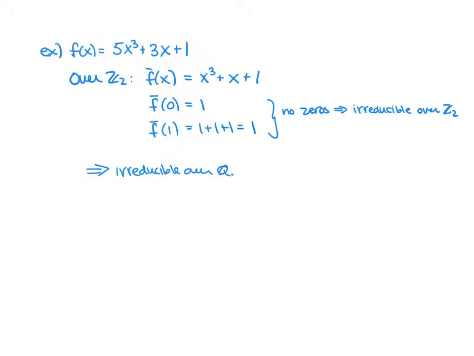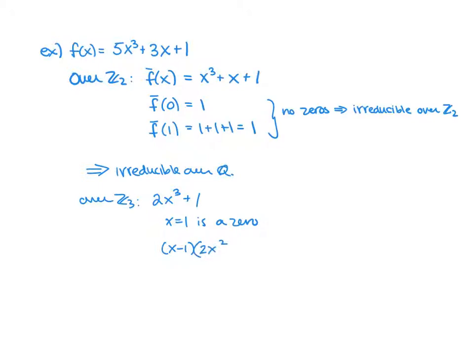For example, if we tried to reduce mod 3, the same example, we would get 2x cubed plus 1. Now here, x equals 1 is a 0, right? If we plug in 1, we get 0. So this means x minus 1 is a factor. So that means we can factor this somehow.